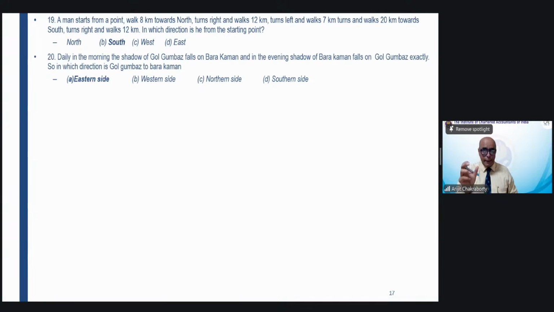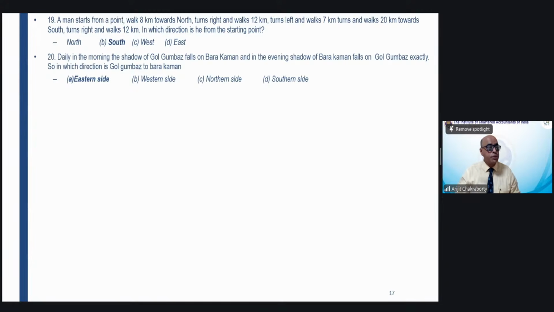Bada Kaman, BK. So Gol Gumbaz ka shadow morning में Bada Kaman के ऊपर, the shadow is falling. Shadow falls on Bada Kaman. And in the evening, evening means west, the sun is setting towards the west. And in the evening, the shadow of Bada Kaman, BK, falls on Gol Gumbaz.